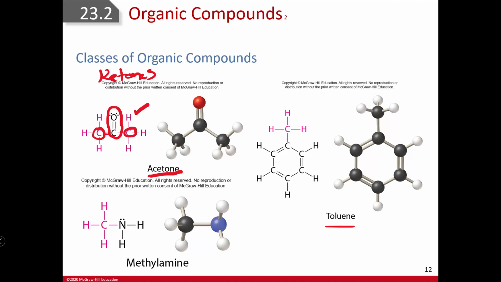Let me erase that and kind of show you what's going on here. All right, so let's say I change this to black here. This carbon here is AX4, or AB4 if you like that better, but it's 4 bonding groups coming off the central atom. So if it's AX4, it's tetrahedral.